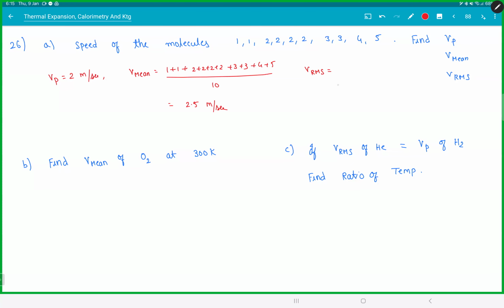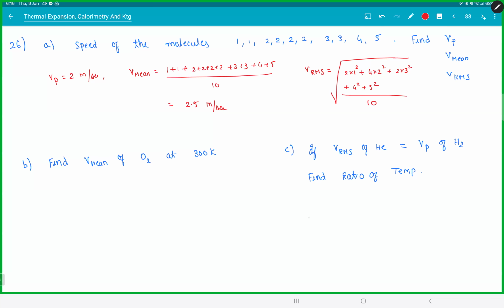What is VRMS? The root over 1 square is coming 2 times, so 2 into 1 square. 2 is coming 4 times, so 4 into 2 square. 2 into 3 square plus 4 square plus 5 square and the whole thing by 10.